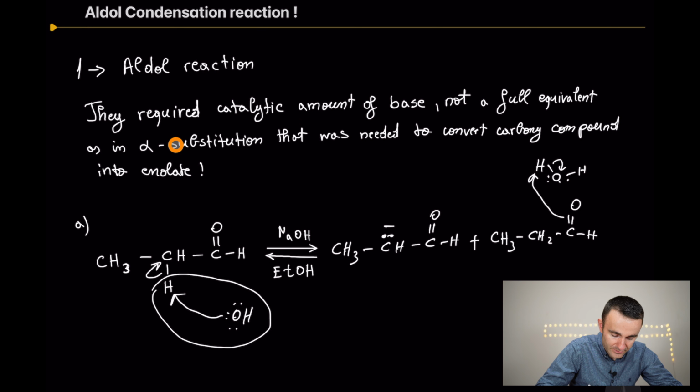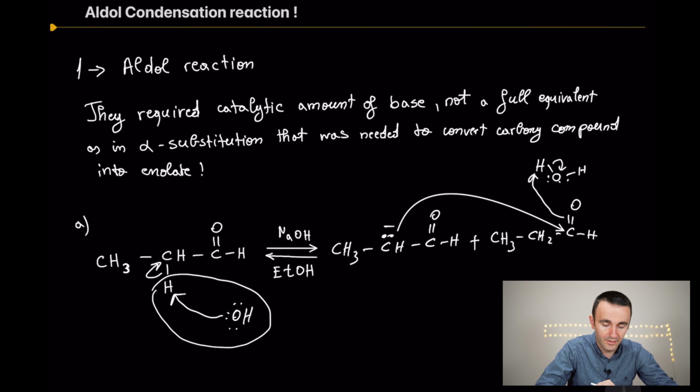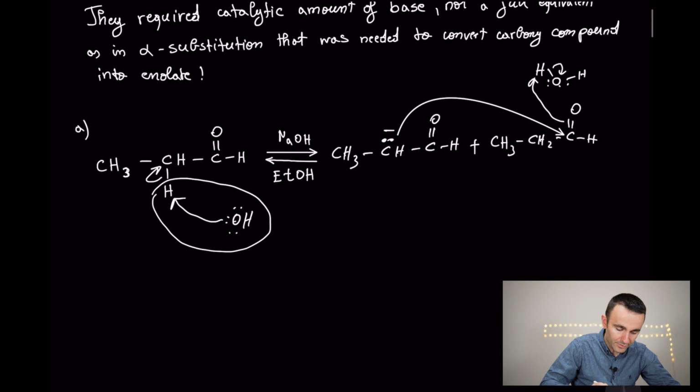So this carbon here that is in the alpha position is going to attack this carbon here that serves as an electrophile to create a new carbon-carbon bond. What is going to be the product?